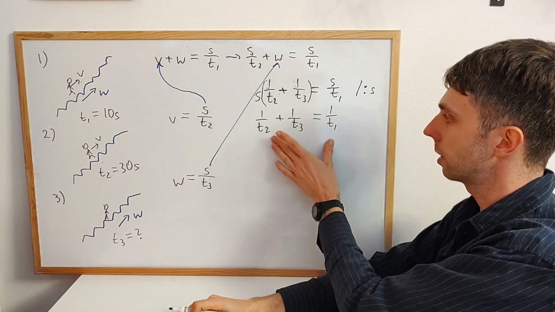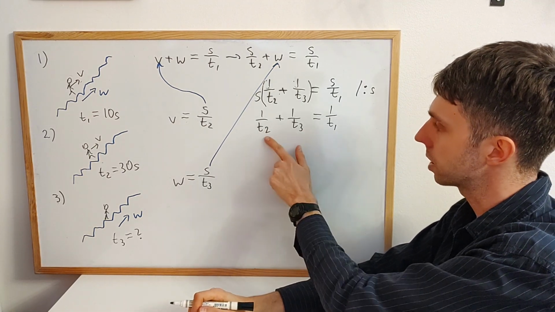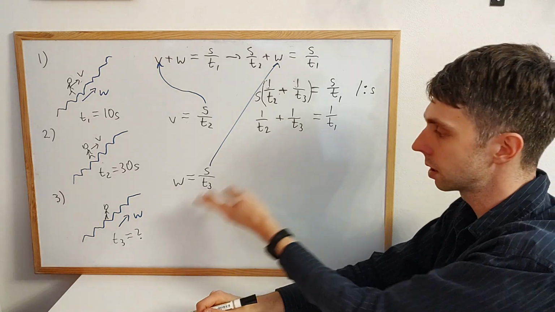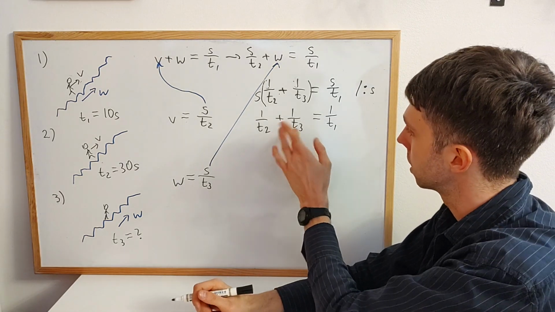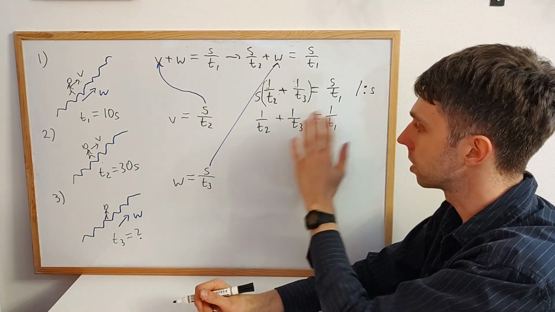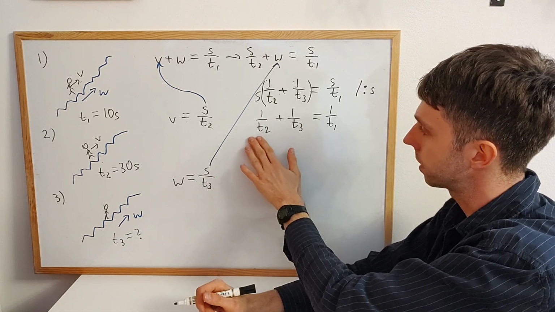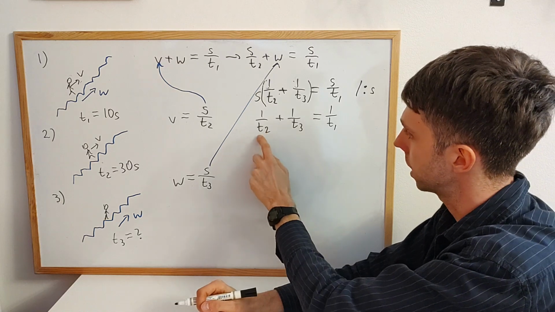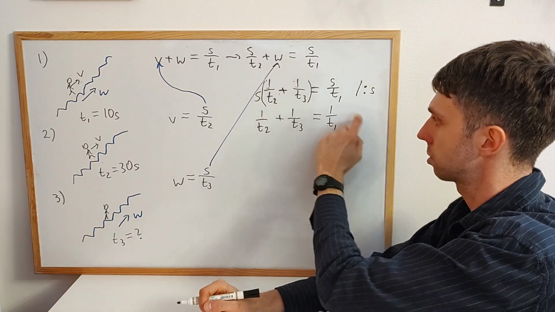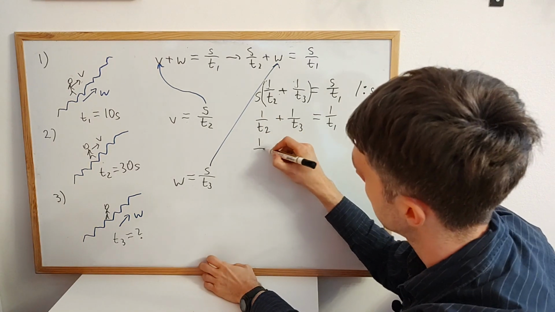And now this is the equation where the only unknown is t3. Here we are. So let's have t3 on one side and all other things on the other side. So let's move this fraction to the right-hand side.